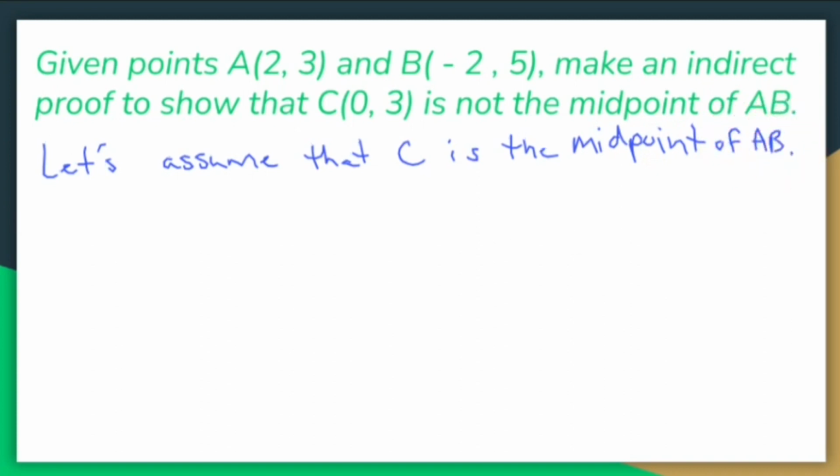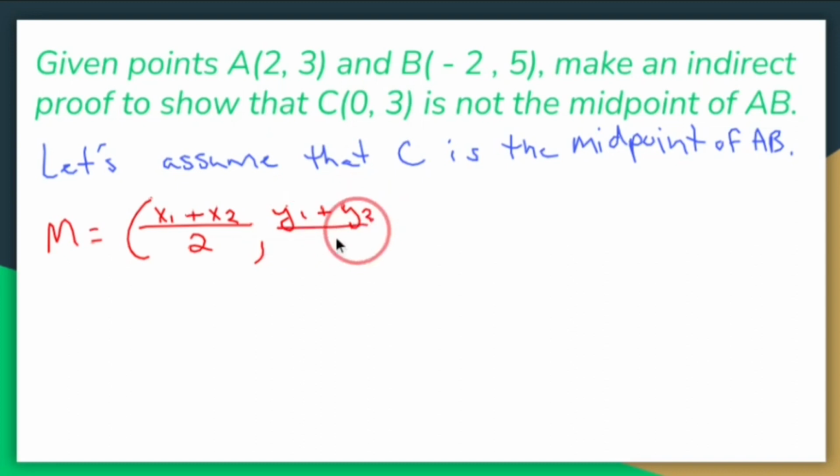So let's do that. Let's find out what the midpoint is. Let's break out the midpoint formula. M equals (x sub 1 plus x sub 2) all over 2, comma, (y sub 1 plus y sub 2) all over 2, and point.